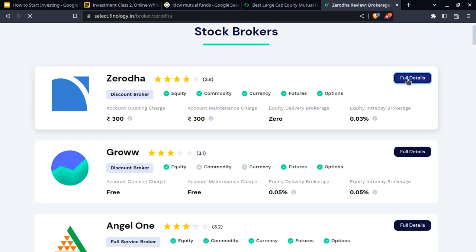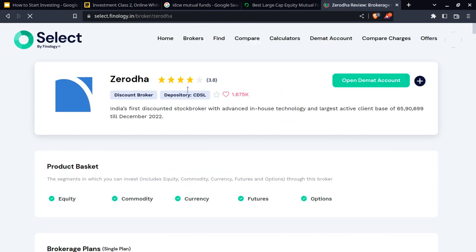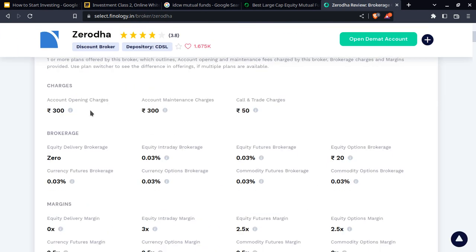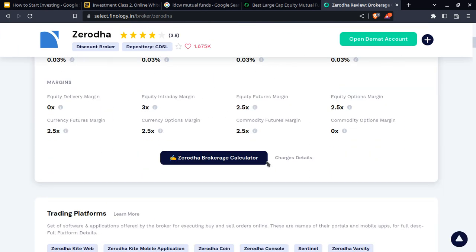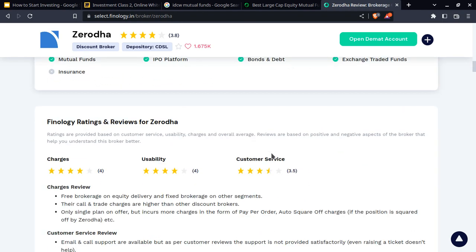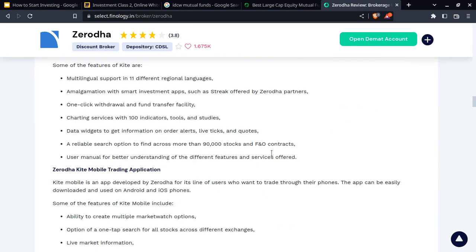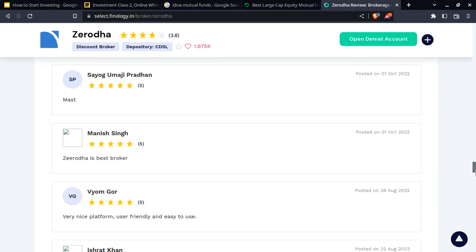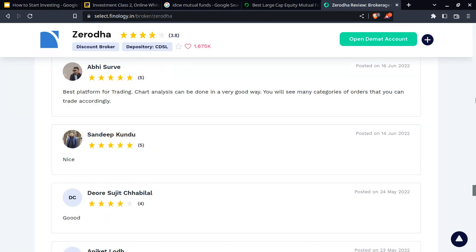In the full details they will tell you what services they are giving, what fees they are charging, and the pros and cons. Towards the end you will also have reviews by the general public.